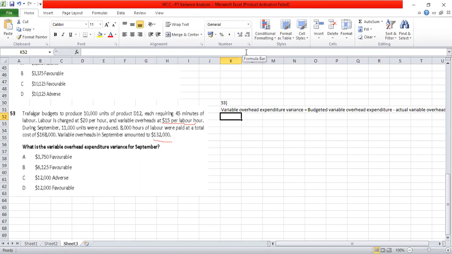How much did they actually spend? The actual variable overhead spent is 132,000. That's the actual part of it.